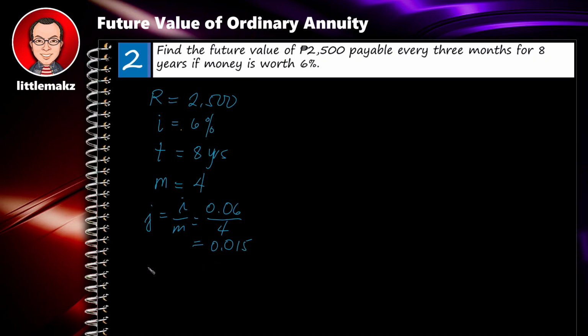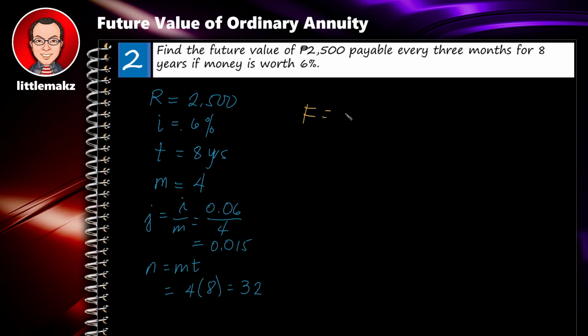Next, go ahead and look for your N, which is M T. Our M here is 4 multiplied by 8, and that is equal to 32. Now we input all this to our formula.